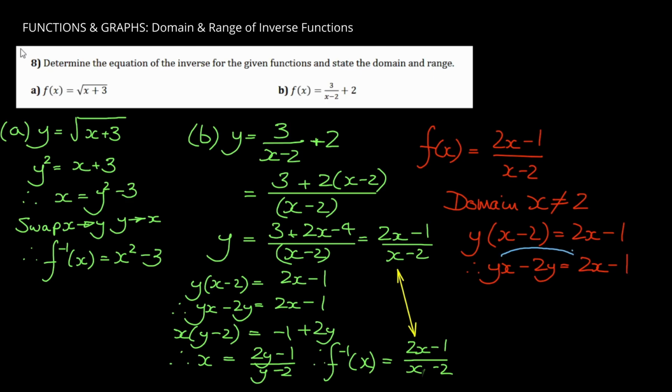Have a look at these two terms. If y was 2, these two terms would disappear. And if they did disappear, and y was still 2, I would get the nonsense statement of negative 4, because y is 2, is equal to negative 1. So as far as the range goes, y must not be allowed to be equal to 2.